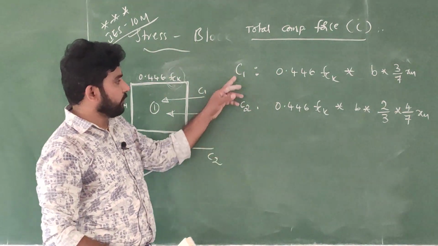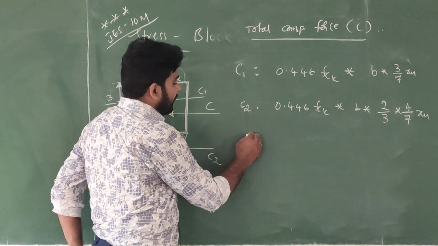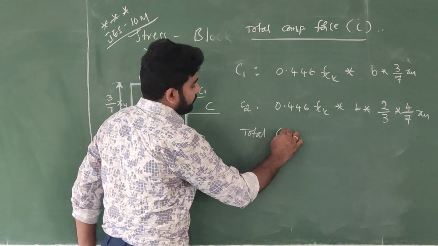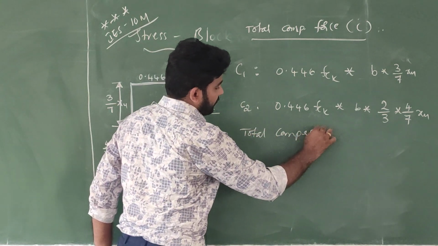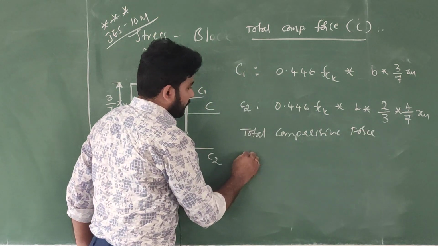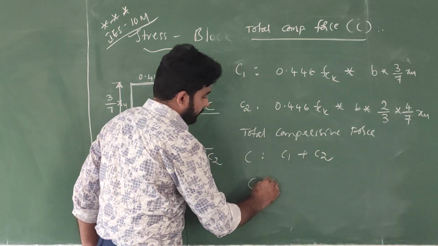Now we know the individual C1 and C2. Now we should find the resultant, which means the total compressive force. Total compressive force C equals C1 plus C2.